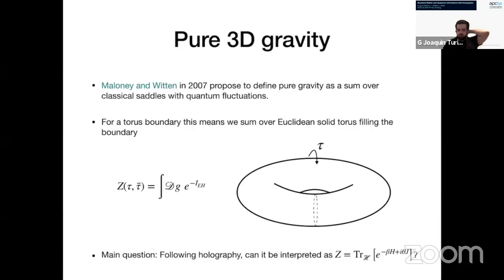So if we want to compute the pure gravity partition function with the torus boundary, like we have been working with, then we want to integrate over geometries that fill that torus. These are the BTZ black holes, but including quantum fluctuations. And the main question is, following holography, can this be interpreted as a trace over a Hilbert space that is unitary and compact and all that?